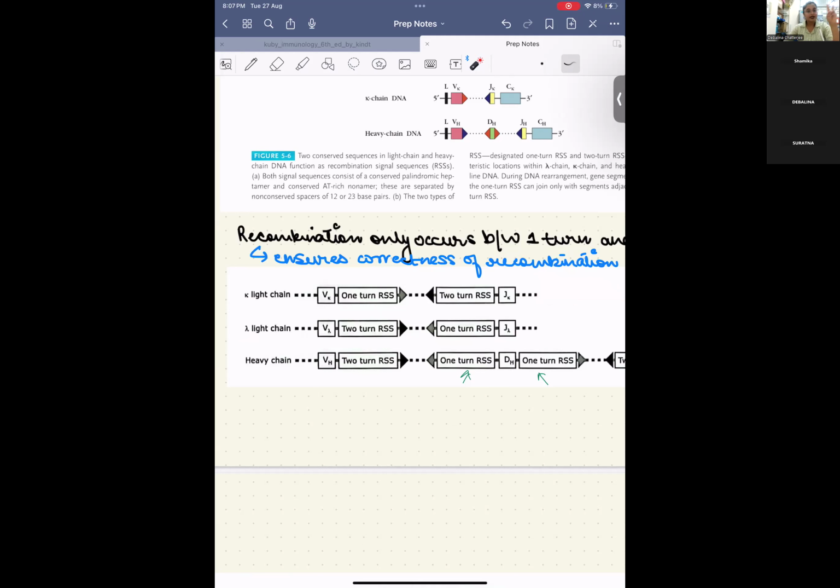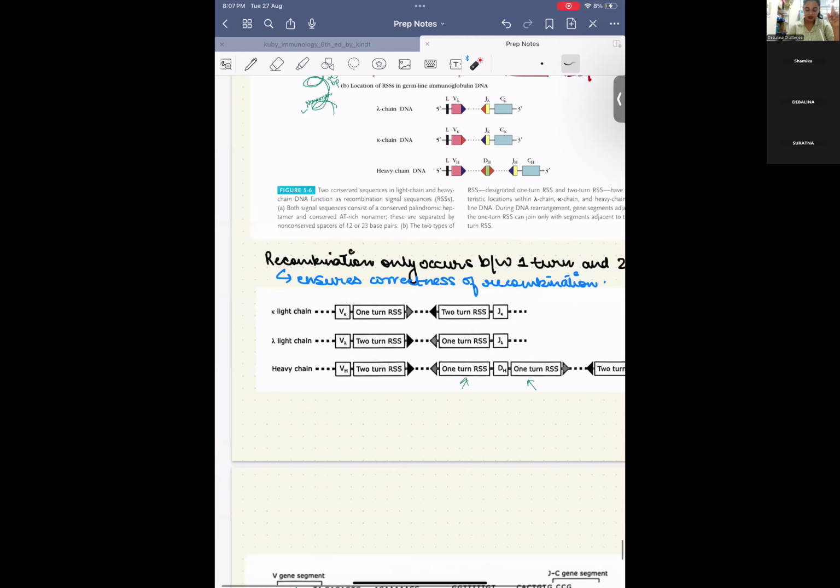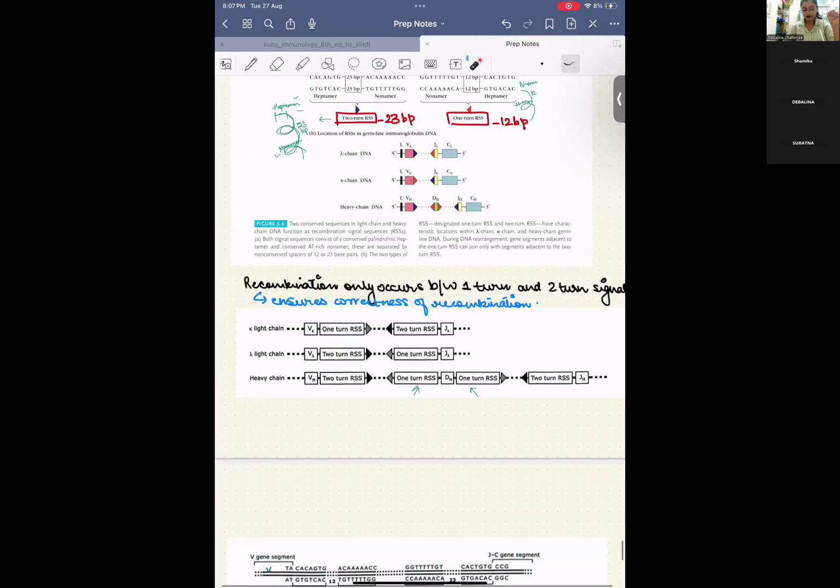What is this one-turn and two-turn sequence doing? Since recombination can only occur between a one-turn and a two-turn sequence, this one-turn will never join to the one-turn sequence of your C region, and that is how the cells ensure that we always have a V joining a J. Because if such an arrangement were not present in the introns, the recombination would have occurred very randomly.